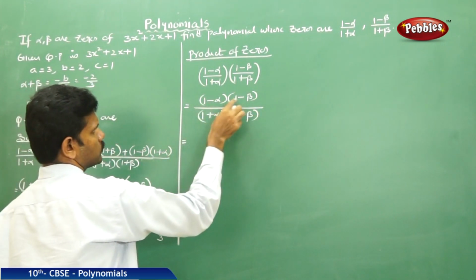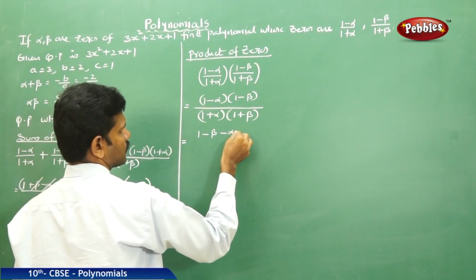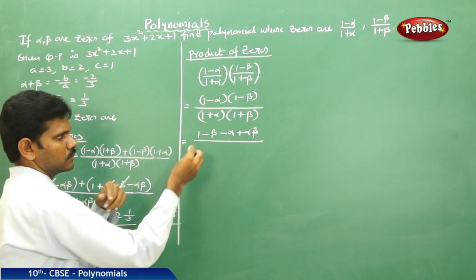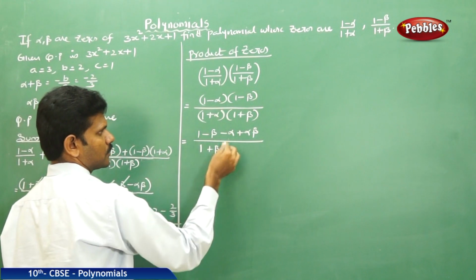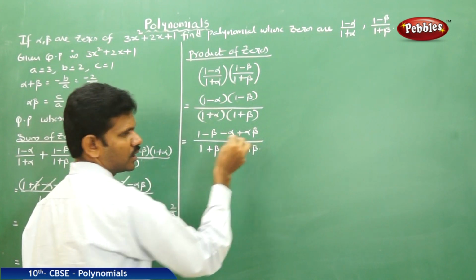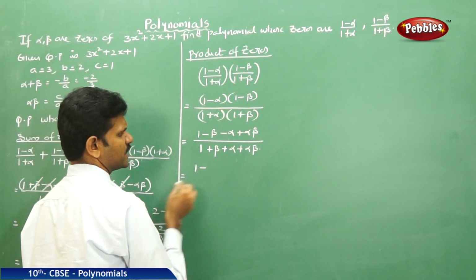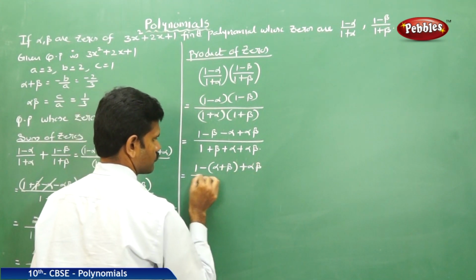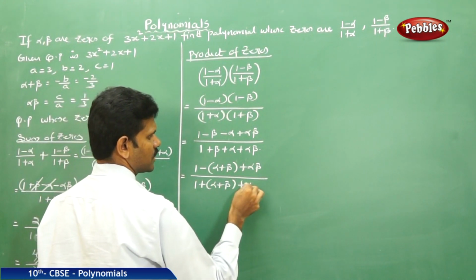Now 1 into 1, 1, minus beta minus alpha plus alpha beta, by 1 into 1, 1, plus 1 into beta, beta, plus alpha into 1, alpha, plus alpha into beta, alpha beta. That is equal to, in the numerator, 1 minus, please take minus common, which is written as alpha plus beta, plus alpha beta, by 1 plus alpha plus beta plus alpha beta.